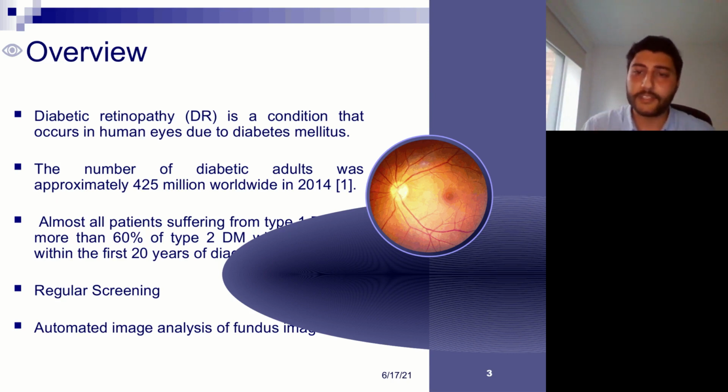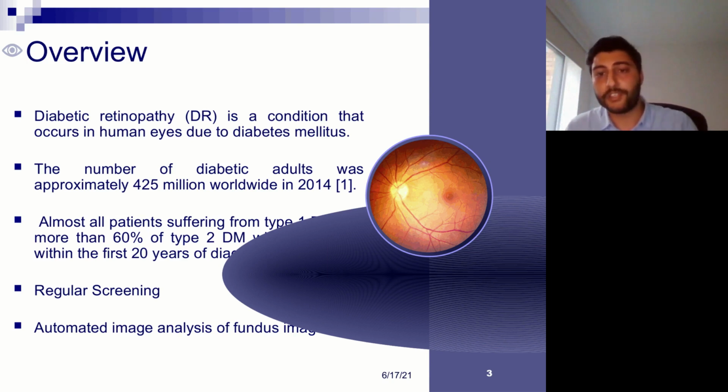Nowadays, there are different techniques and methods that ophthalmologists use to analyze and diagnose patients using fundus images that capture the retina of the eye, which requires the patient to do regular screening, yearly or maybe several times per year.